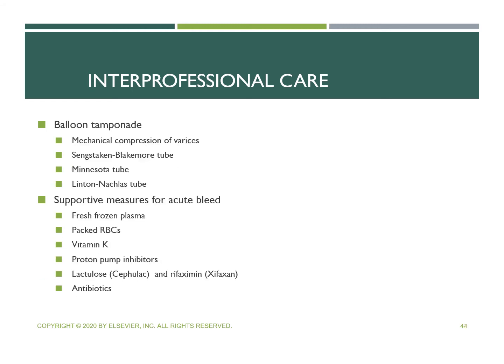If a patient is actively bleeding, they might suggest a balloon tamponade. This is where a tube is inserted and a balloon is inflated, and that mechanically compresses the varices and hopefully makes the bleeding stop. We have a couple different types of tubes here, and I don't necessarily need you to know the difference between these, which tube you would select.